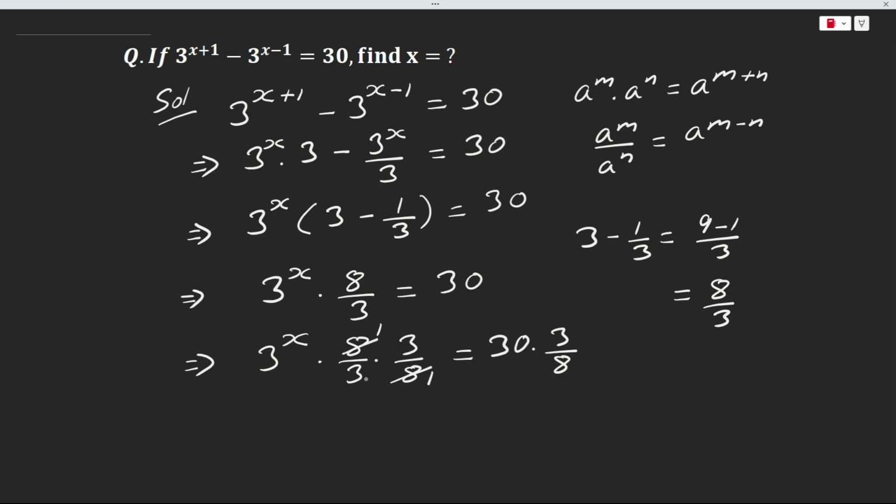Here and here 3 will be reduced by 3, 1 time, here also 1 time. Here 30 and 8 will be reduced by 2: 30 will be reduced 15 times and 8 will be reduced 4 times. This equals 3 raised to the power x equals 15 times 3 by 4, which can be written as 3 times 15 by 4.